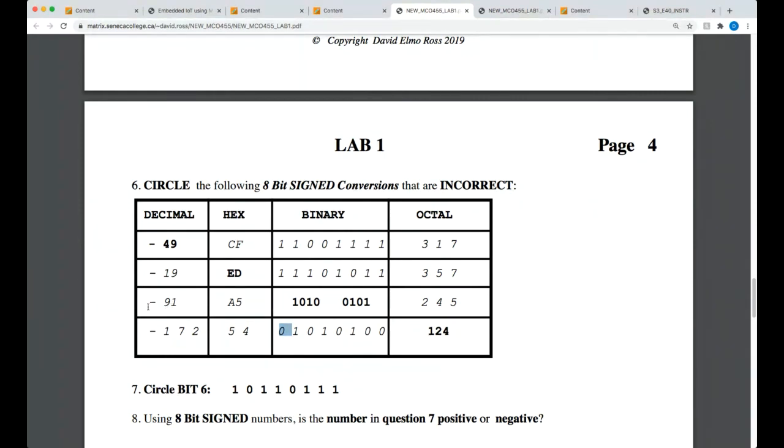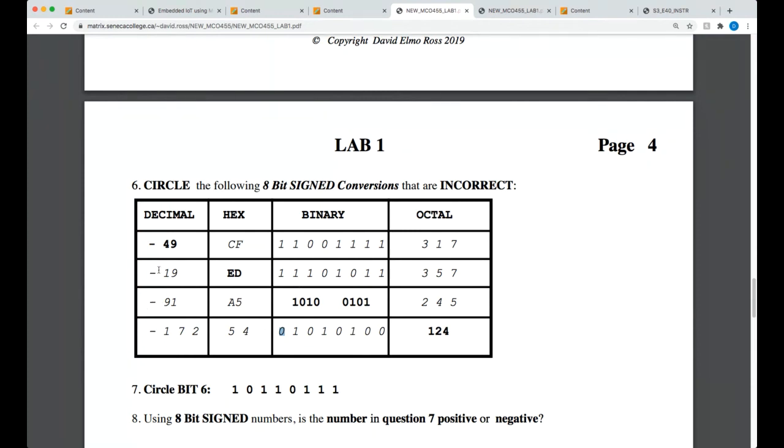So this one, I'm giving you another bonus here. This is wrong. So when you take a look at one, make sure to circle this. It is incorrect. I'm not sure whether this is the right value, but at least it's negative, and this is negative, and this is negative, okay? So anything with the most significant bit 0 as a signed number has to be positive.